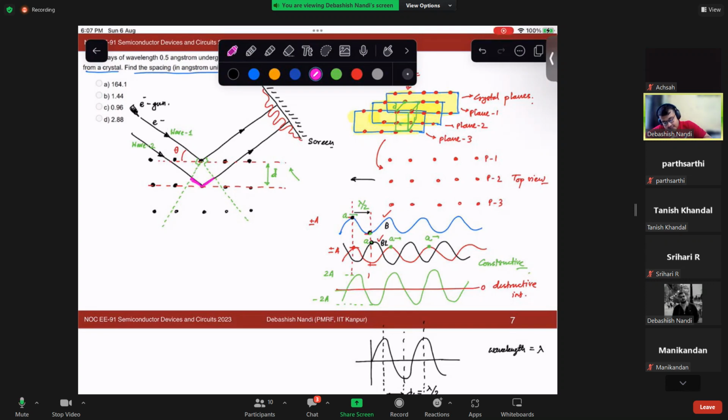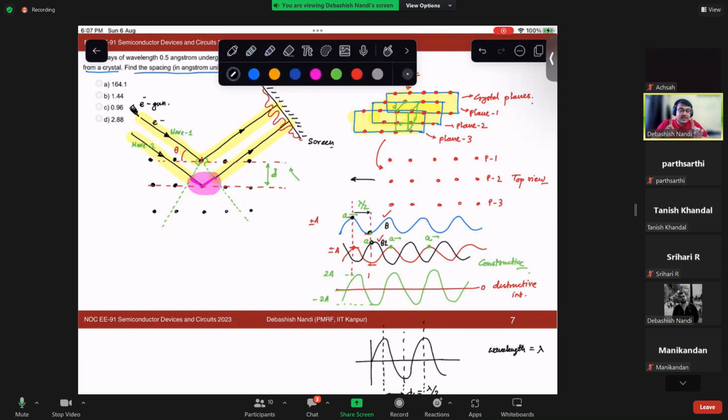Wave 1 has traveled this much, because this distance and this distance are the same, and similarly this distance and this distance are the same. But this part that I have highlighted, wave 2 has traveled additionally, extra.